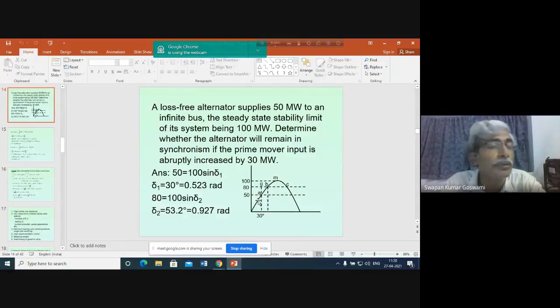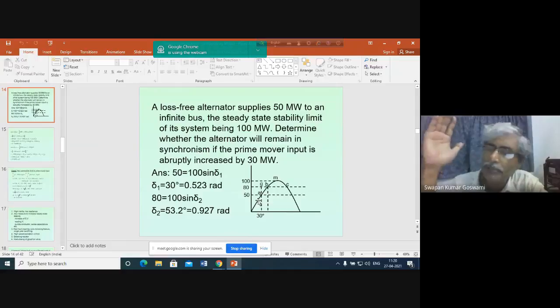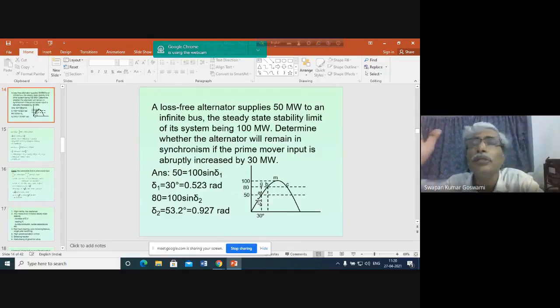This is very important for understanding transient stability. In the case of steady state stability, the ability of the system to maintain synchronism is independent of the operating point, because the disturbance is so small that we are ignoring any oscillations.